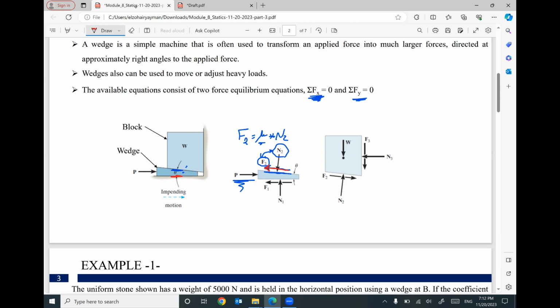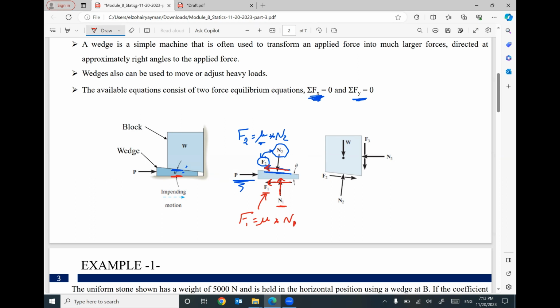So I should expect friction opposite to the movement direction, and I expect a perpendicular force. If the perpendicular force is N1, the friction force will be F1. This F1 equals mu times N1. That makes sense?